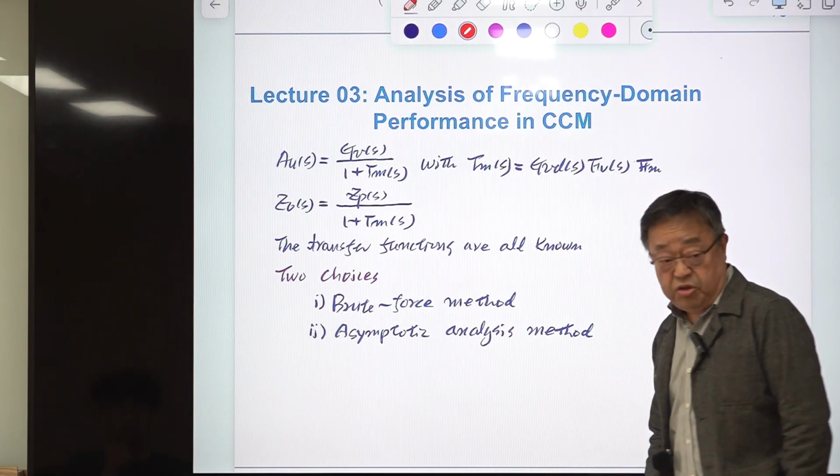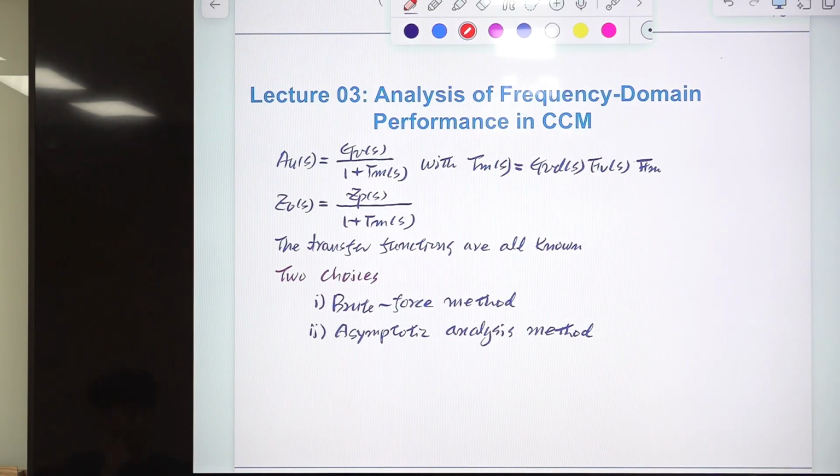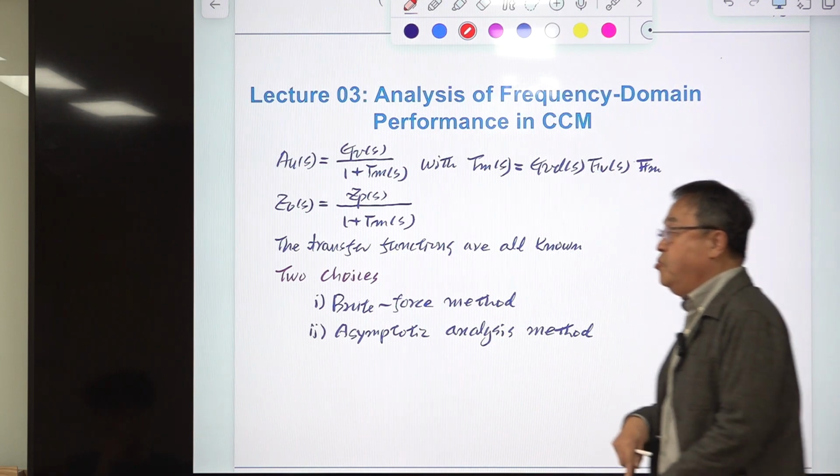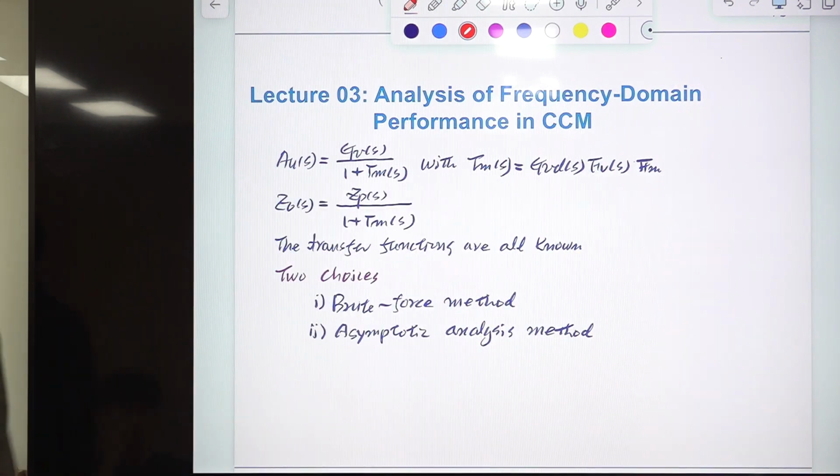I said that's the worst approach, brute force method. So we'll be using this asymptotic analysis method. This is graphical approach. As you'll see soon, we'll be using this graphical method.